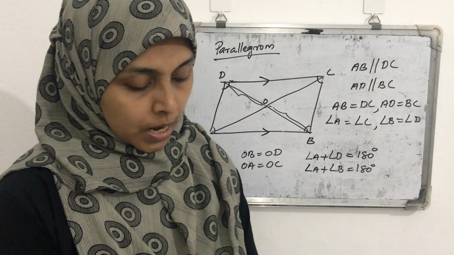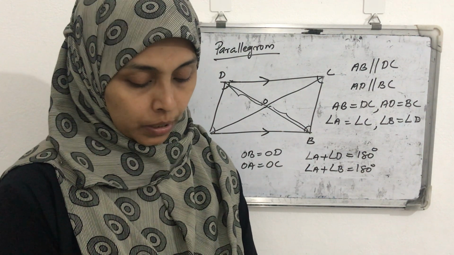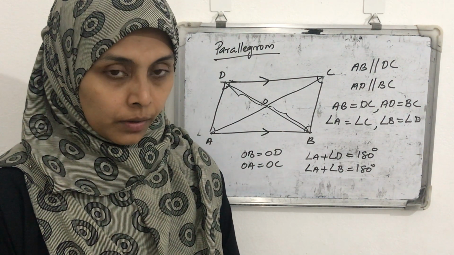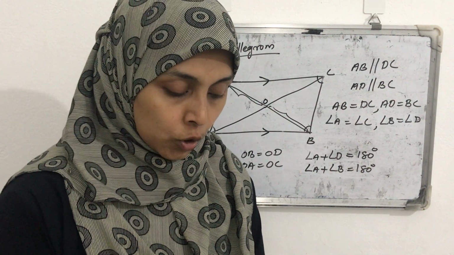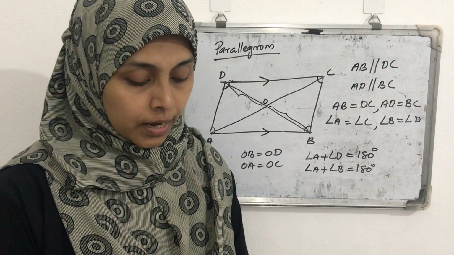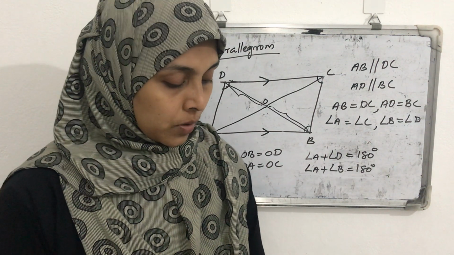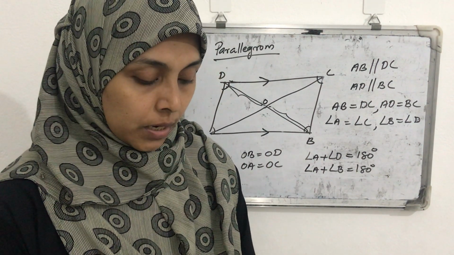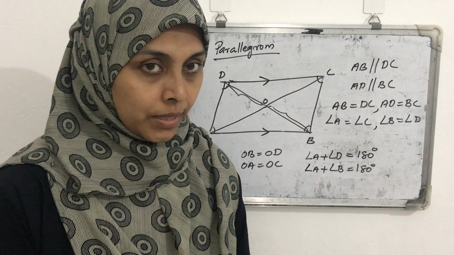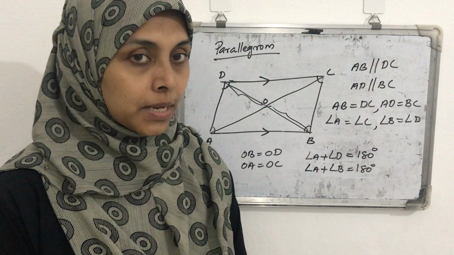Then question B, angle DCB will be equal to what? It is the opposite angle of C, that is A. So how can we name it? Angle DAB. Next, OC is equal to dash. OC will be equal to OA, because the diagonals bisect each other.